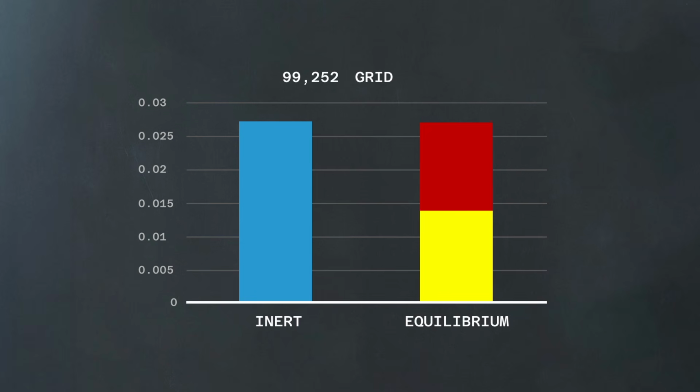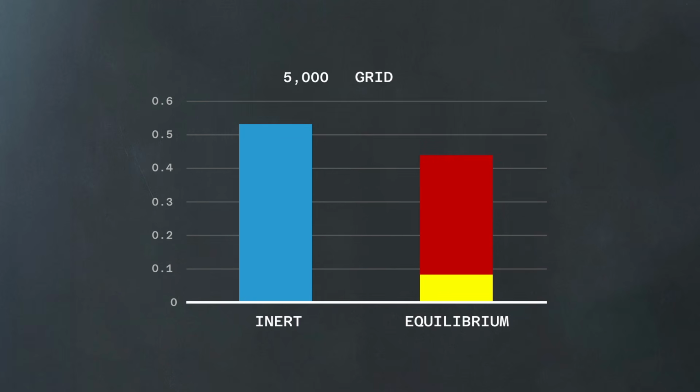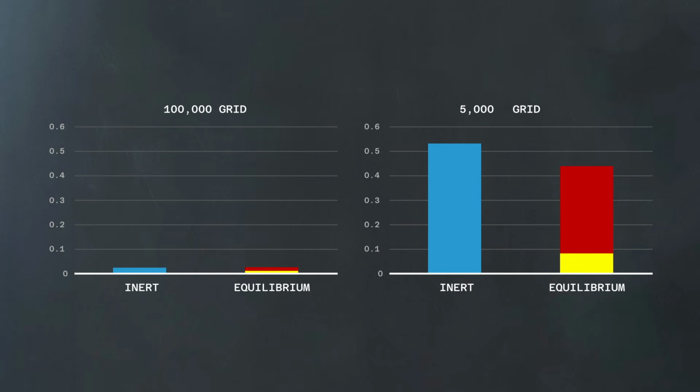So, if we shrink the grid to 1/20th its original size, the pressure of the inert gas pieces must become 20 times higher. But the pressure of the equilibrium pieces doesn't grow as much. That's because the single pieces will meet each other more often on the smaller grid. So they'll combine into double pieces more often, and that removes pieces from the grid, and that reduces the pressure.